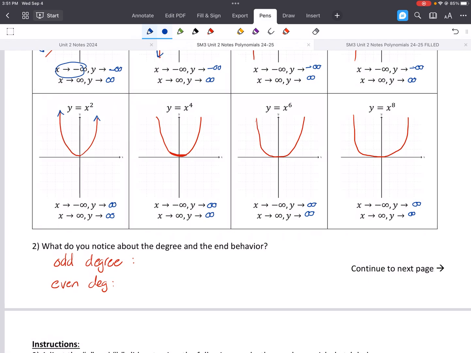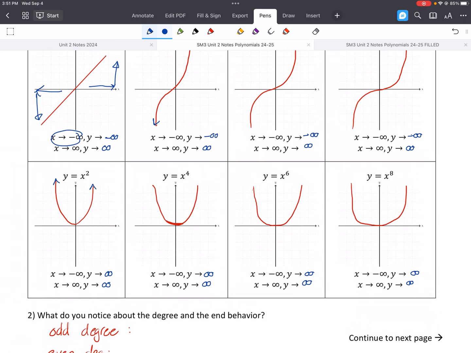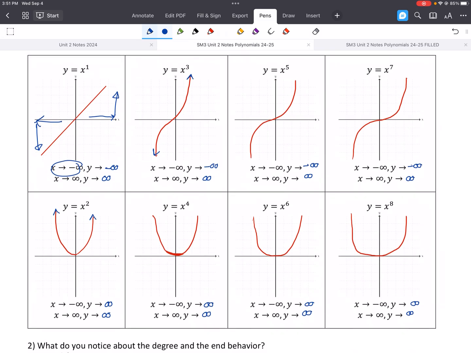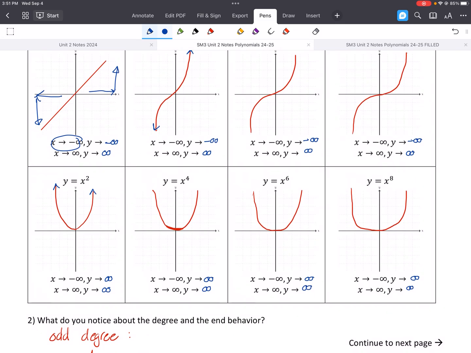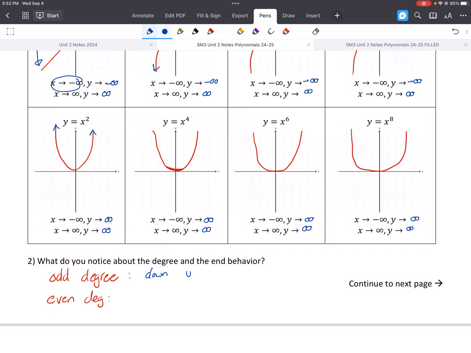Okay, so what do you notice about the degrees and the end behavior? If it's odd degree, then I was writing down and then up. So to the left it goes down, to the right it goes up. Maybe we should just write it in limit notation. Good practice.